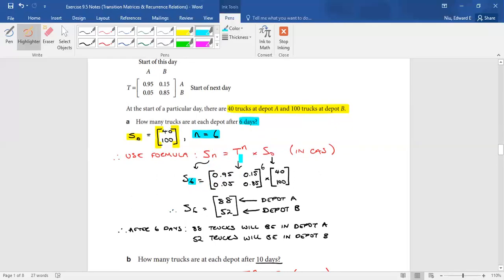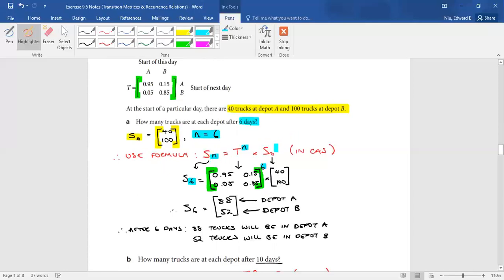Well, the transition matrix, let's highlight this in green. The transition matrix just tells us the probability or the likelihood of where each truck is going to end up. And we power that to the number of days we're talking about, which is 6 here. Again, people always forget this power. Don't ever forget this power. I'll even highlight it.